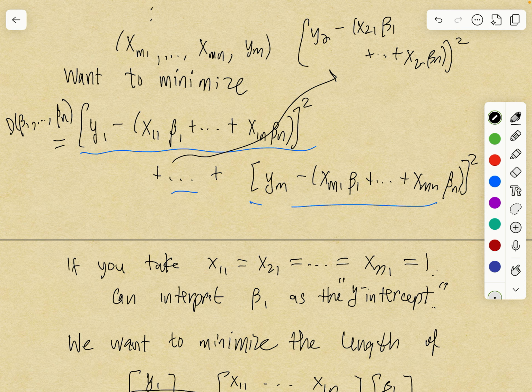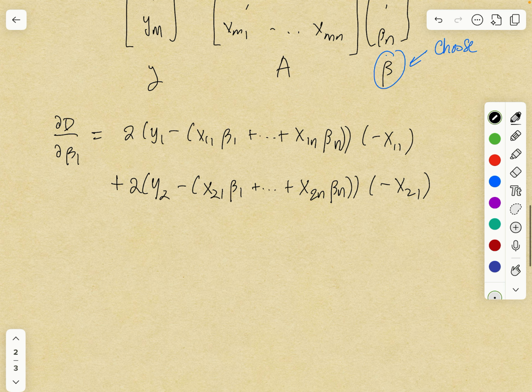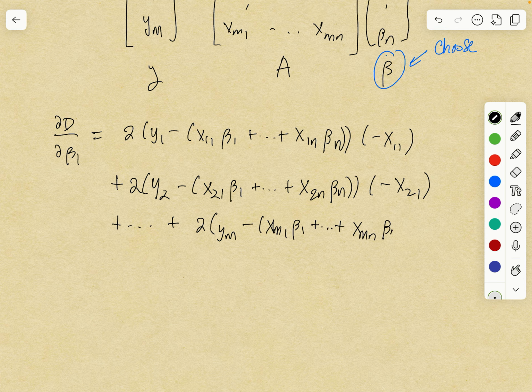So then when you take the partial derivative with respect to beta 1, you bring the 2 down, and then you multiply by negative x21, which is what I have here. And then you keep going until you get to m, so ym minus xm1 beta 1 plus dot dot dot plus xmn beta n, times negative xm1.